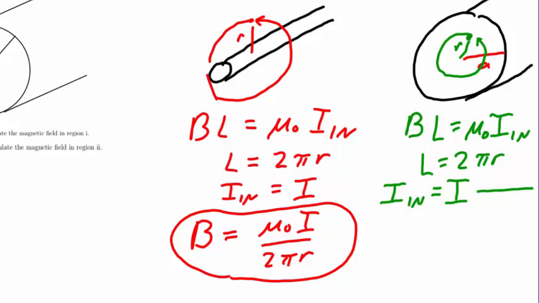For this reason, we multiply the total current by the area we have taken, pi r squared, and divide it by the entire area available across the wire, and that is pi a squared. Conveniently, the pi will cancel out, and so we're able to solve for the magnetic field itself, mu0 I r over 2 pi a squared.